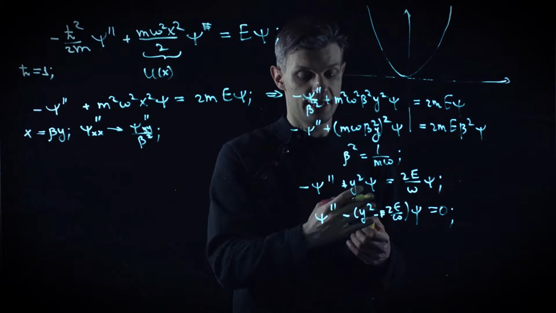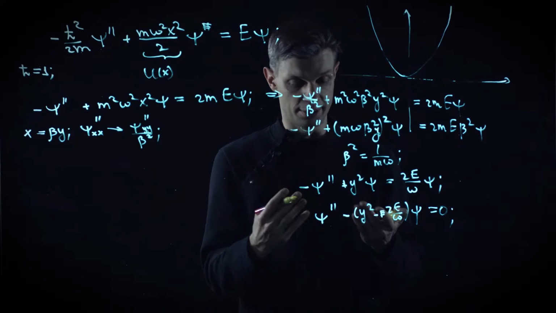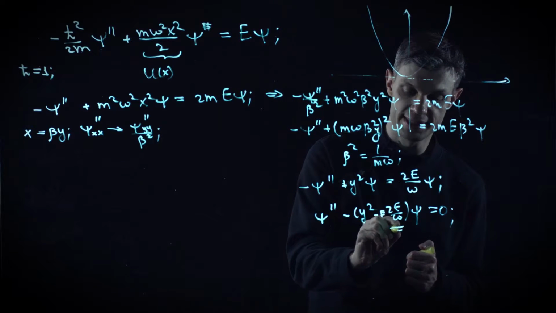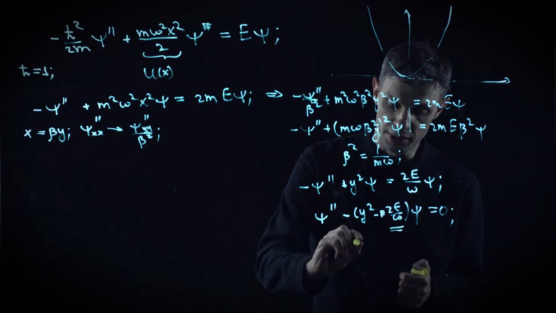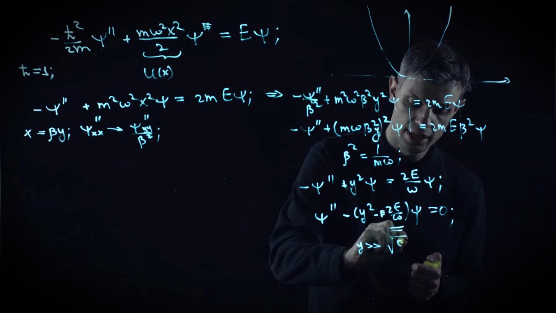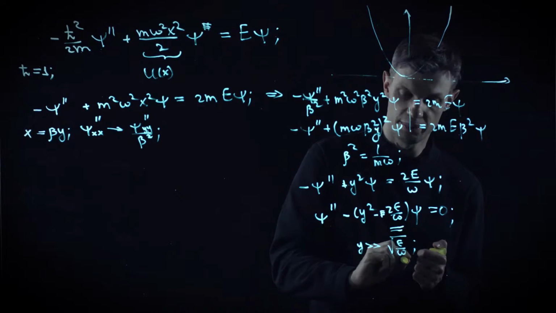So let's study its behavior at large values of y. So when y is large, one can dispose of this second term because we consider that y is much greater than the square root of E over omega.